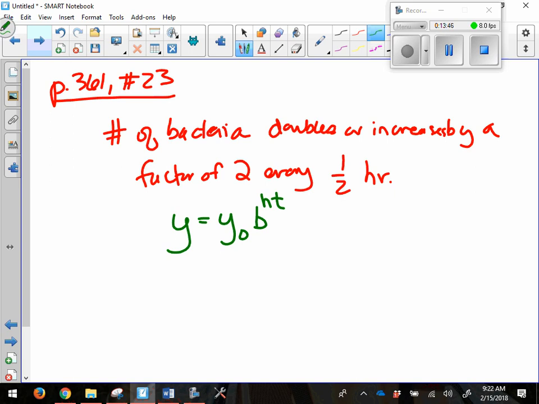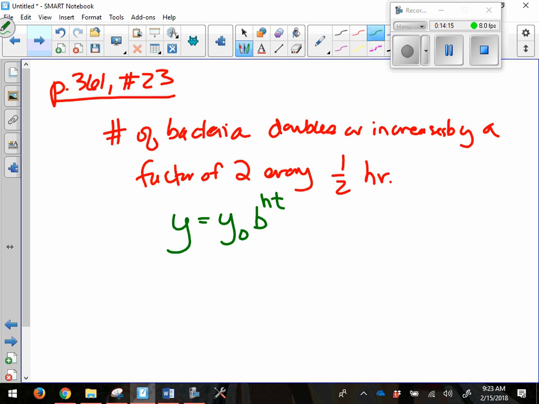And the choice for b, or the base, has to do with what happens to your colony, whatever it is, your sample, after every time interval. Because that's really what this is about.